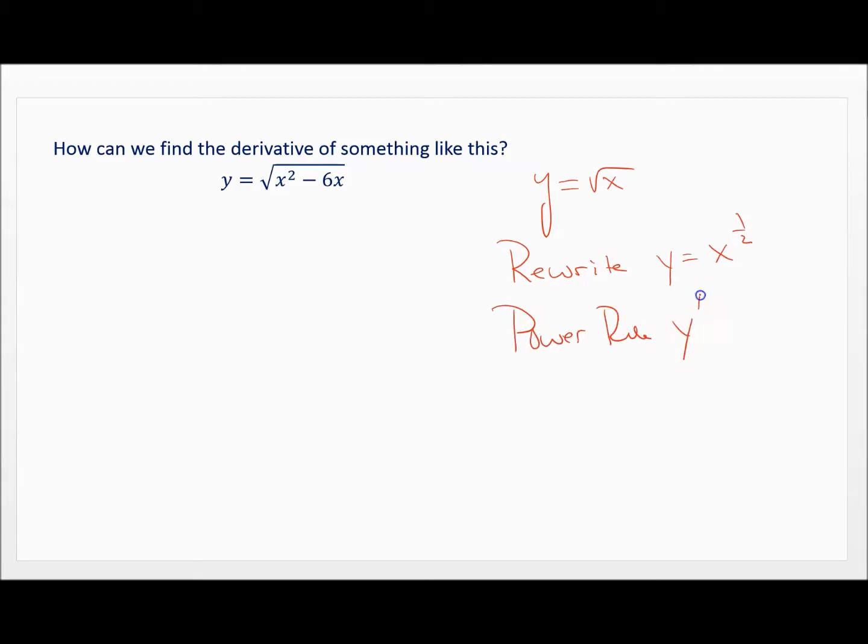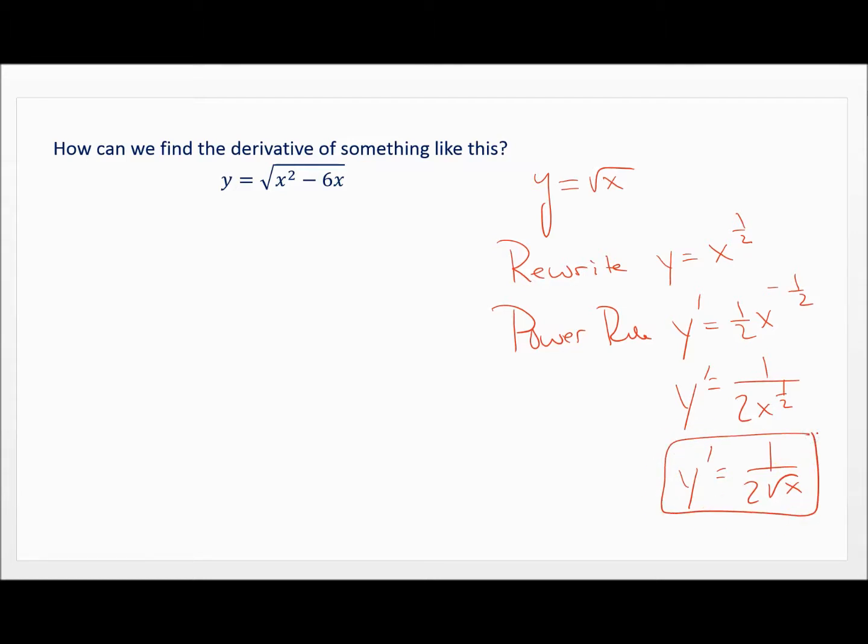So it'd be y prime is equal to 1/2 x, and then you have to do 1/2 minus 1. Always subtract 1 from the exponent when you use the power rule, and that would be to the negative 1/2. And then you would simplify it by rewriting this as 1/2 x to the positive 1/2, and then finally y prime is equal to 1/2 square root of x, if you rewrite it in radical form.